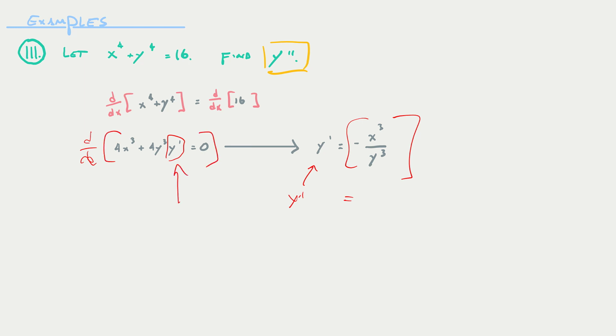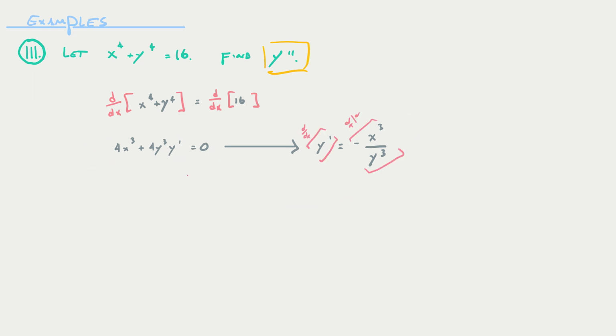Just know that that's the thing that's going to become y double prime. But yeah, I chose to find y prime first, and there's actually a reason I chose to find it first, which I'll explain when we get to that point. But either way is a viable way to find the second derivative.